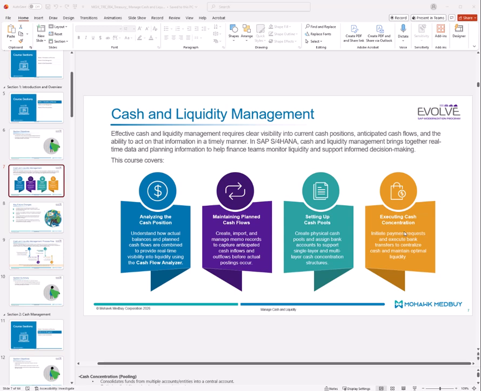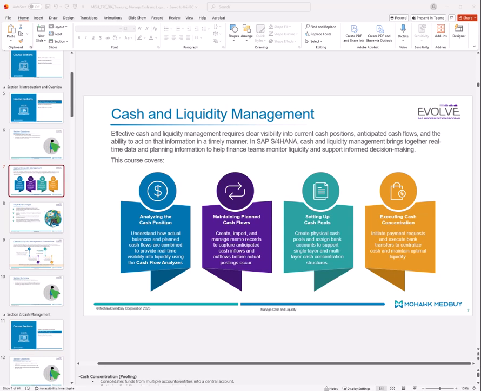If we want to transfer funds from one bank account to another for liquidity purposes, for example, if some bank account has a balance above $250,000, the remaining amount will be transferred to the main header account, so we use cash concentration. So for cash transfer, we use cash concentration. It is further divided into two parts. One is the transfer only for the memo records, and the second part is for the actual transfer.